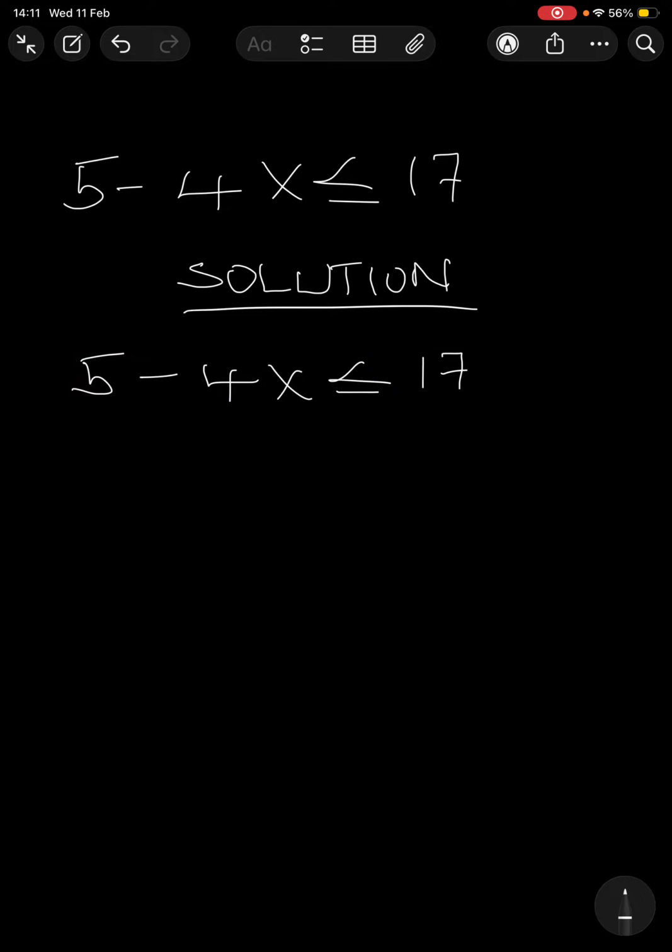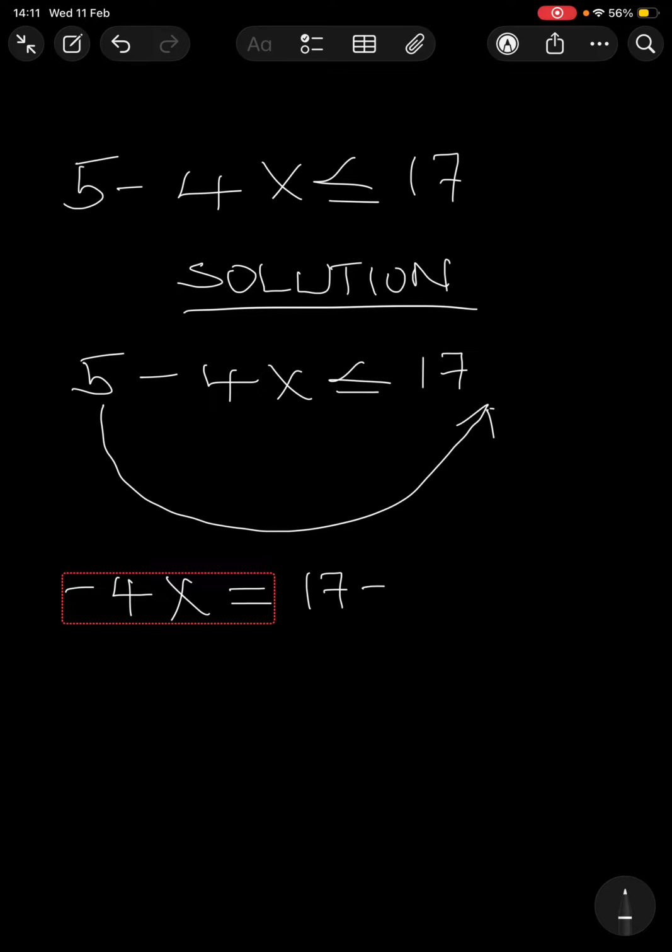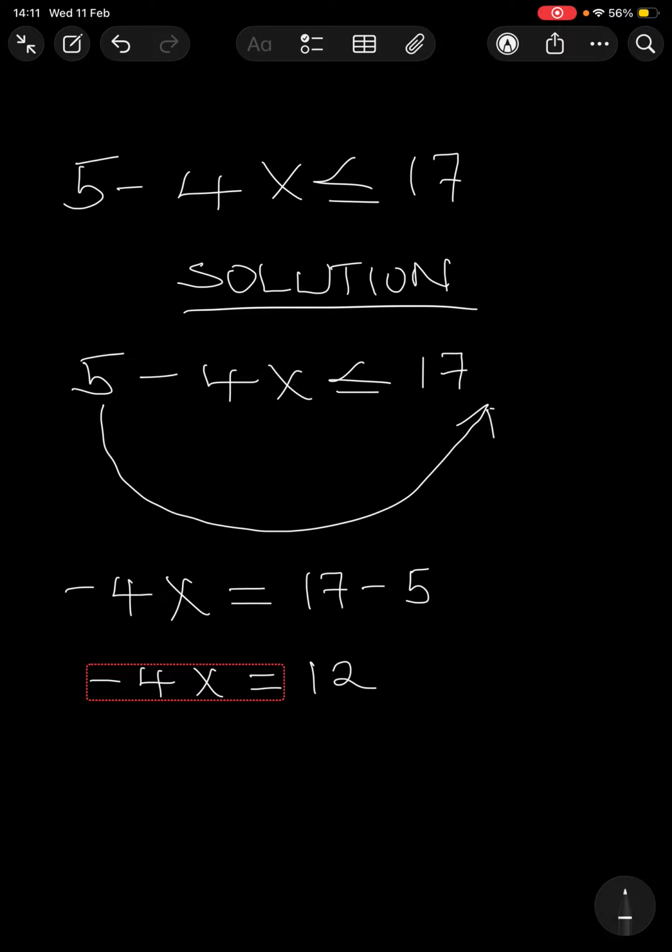So step 1, make x the subject. I have to take positive 5 to the other side. When I take positive 5 to the other side, it becomes minus. So we have minus 4x is less than or equal to 17 minus 5, which is 12.